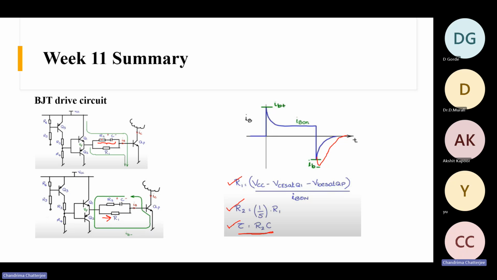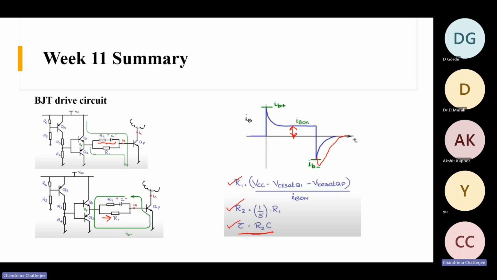And R1 is higher than R2 because at some point of time this whole current, this total IB on, flows through R1, right? So that's why you will have to make the R1 value higher so that this current is not too high. So this voltage divided by this R1, this current has to be less, right?